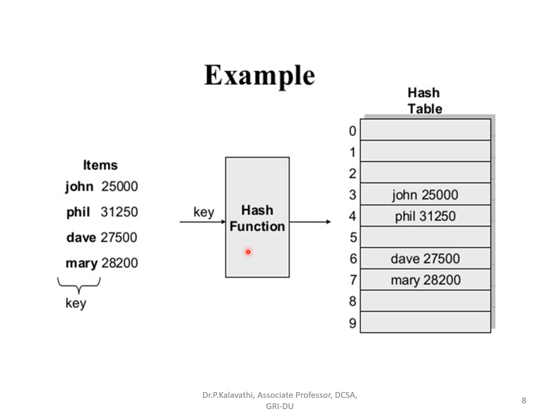This hash function, based on this key value, finds the location in the hash table where we can store all the elements. For example, if you take John 25,000, the key is John. The identified location based on this hash function is 3. So in the third location, we can store both the values John and salary.